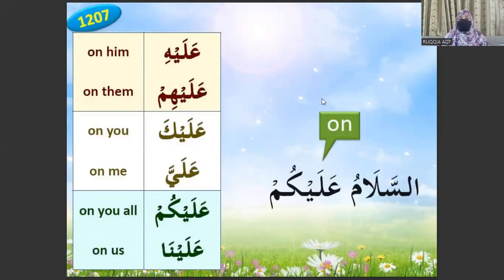Next, we have ala. Ala means on, and the reference is a very common example, Assalamu alaikum. Abdul Qadir from Hong Kong, please, brother, unmute yourself and revise this table. Assalamu alaikum wa rahmatullah. Walaikum assalam rahmatullah.